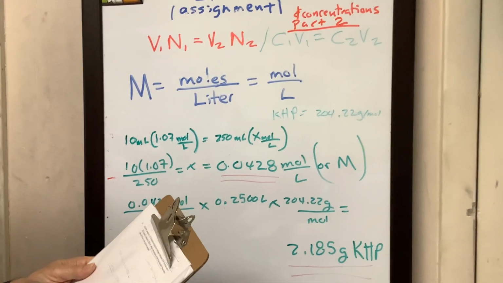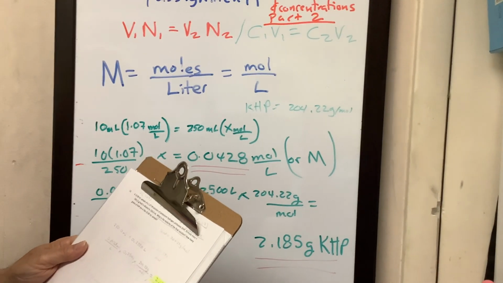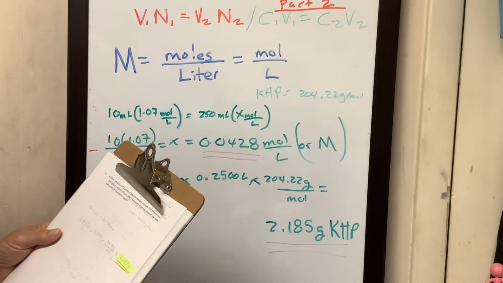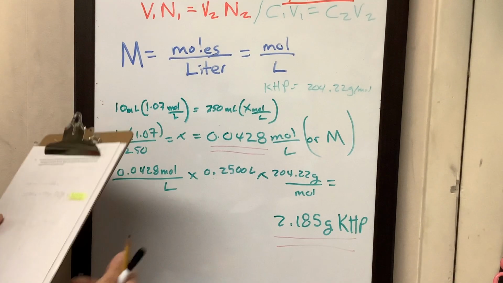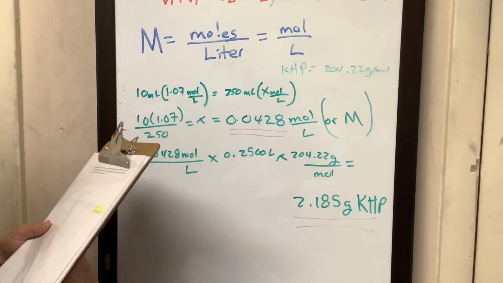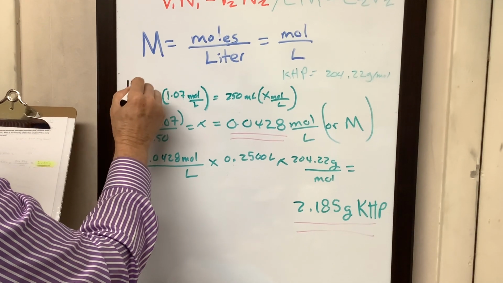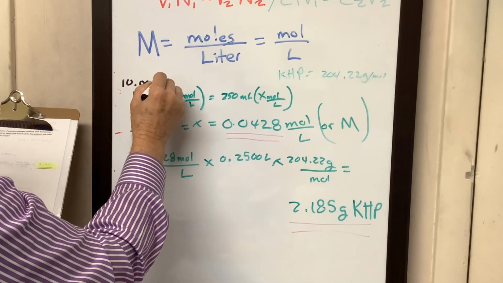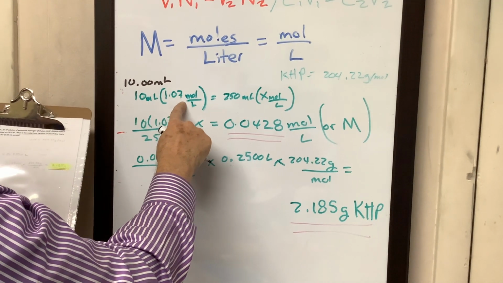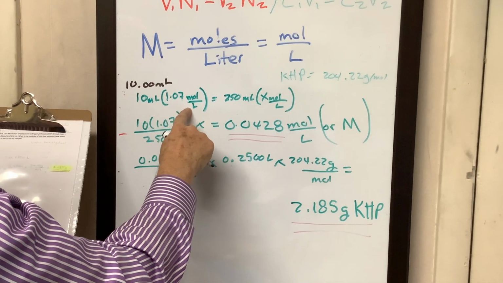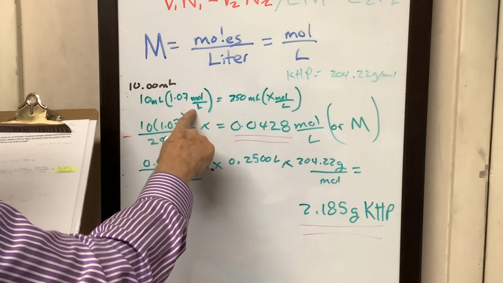And they said a 10.00 milliliter sample of a 1.07 molar solution, that means moles per liter, of potassium hydrogen phthalate.